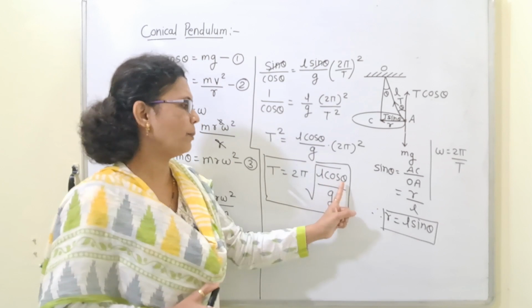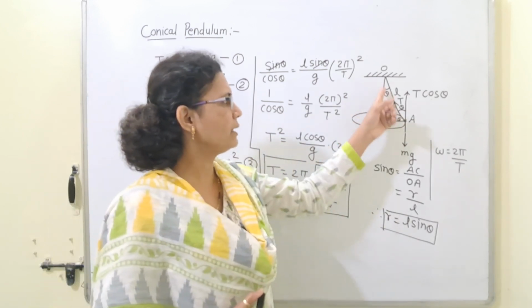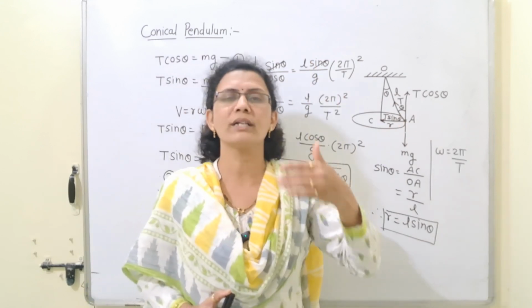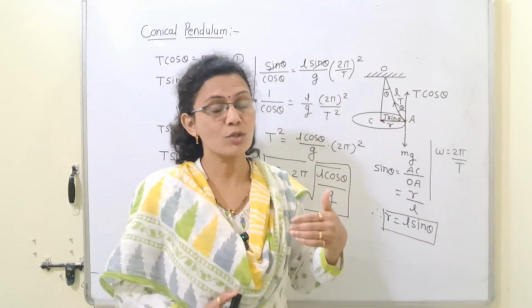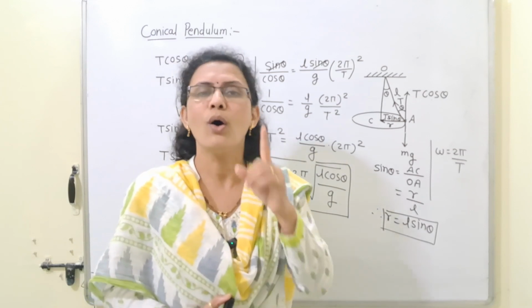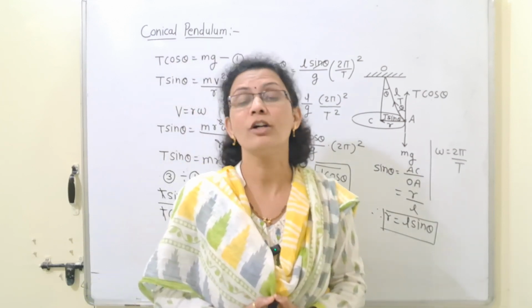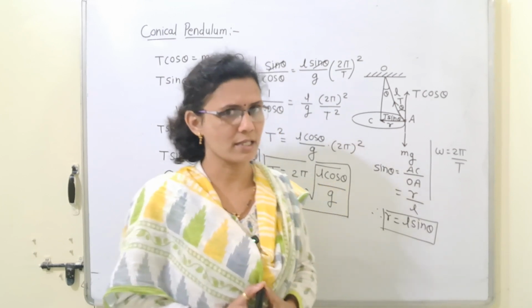Therefore the time period will depend upon only theta, that is the angle made by this pendulum with the vertical axis. Means on which factor does the time period of a conical pendulum depend? Only theta, only the angle made by the pendulum with the vertical axis.